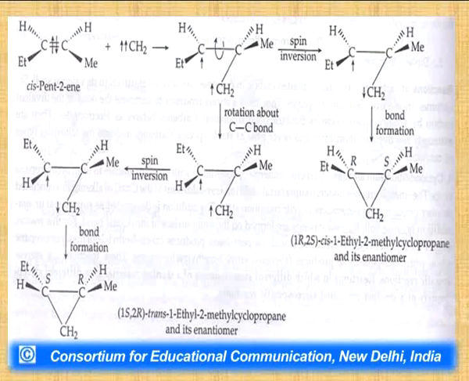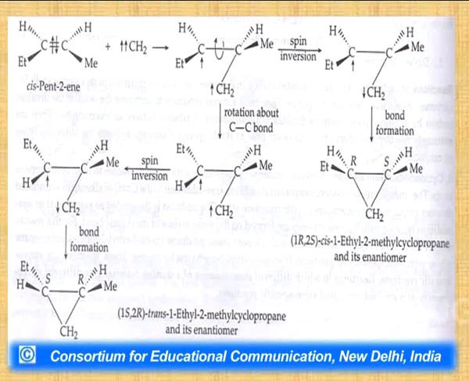When triplet methylene is added to cis-pent-2-ene, due to parallel spin of the electrons, the first electron will form the first bond with the alkene, and then there is a rotation about the single bond, and after spin inversion of the electron there is a possibility of formation of another bond.